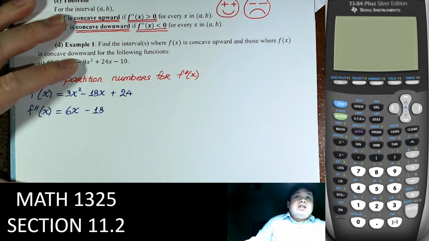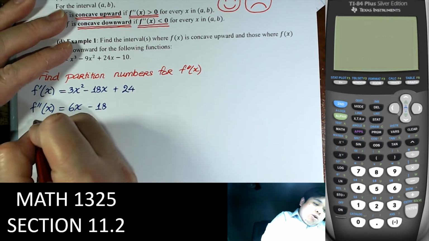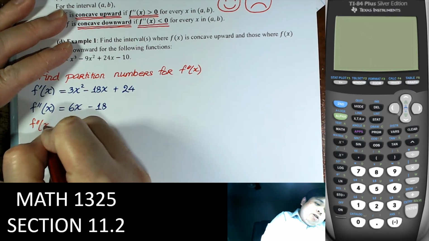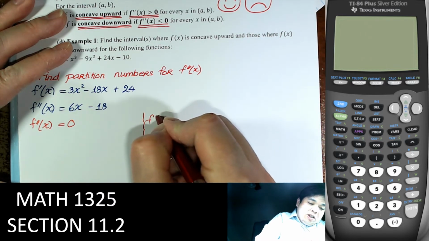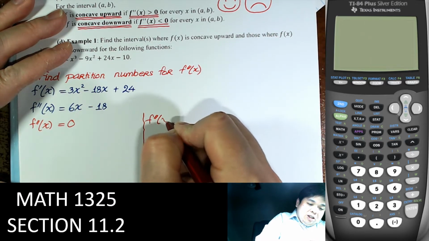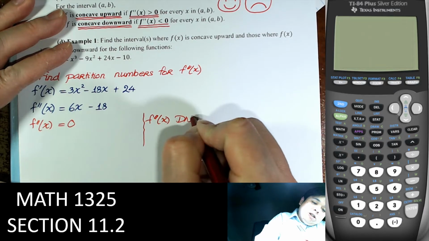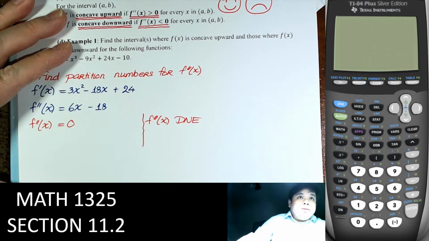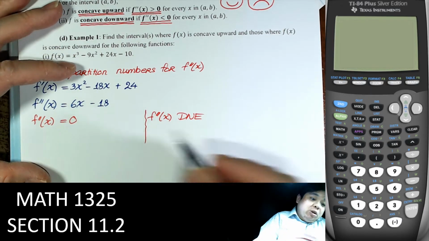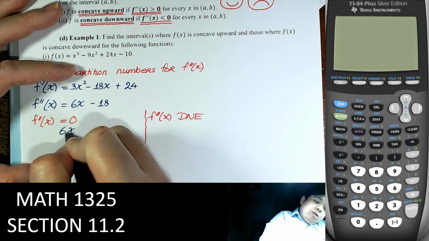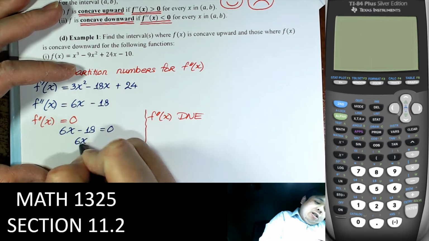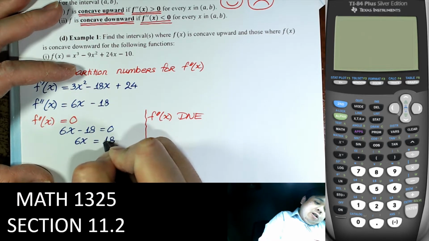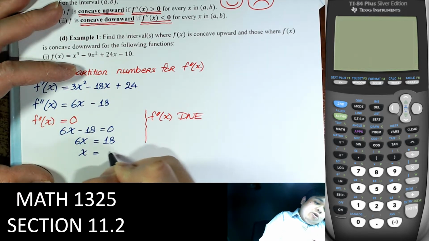Now just like the previous section, we let it equal 0 and does not exist. We don't have a fraction here, so we just say 6x minus 18 equals 0, plus 18, divided by 6, so x equals 3.